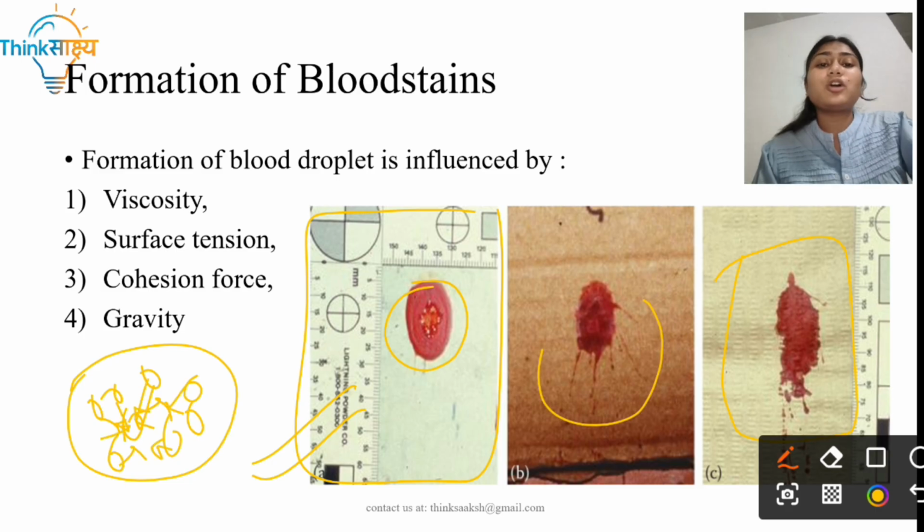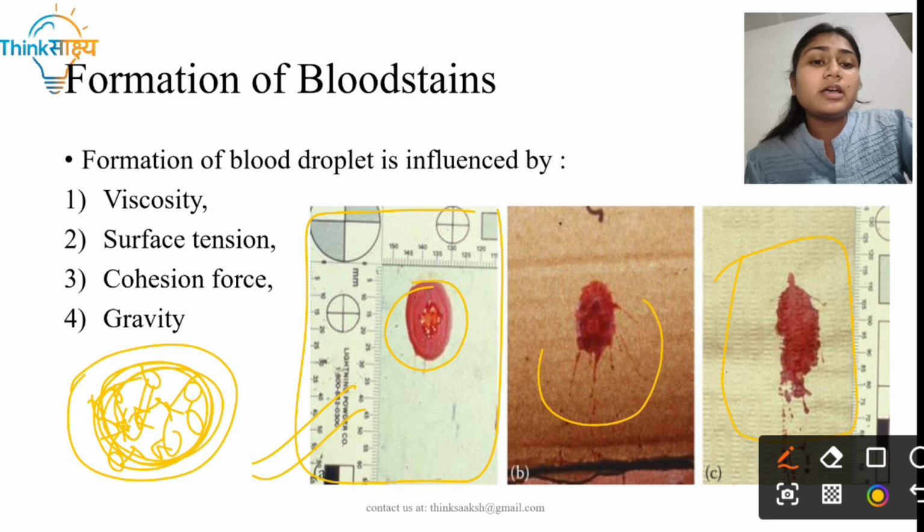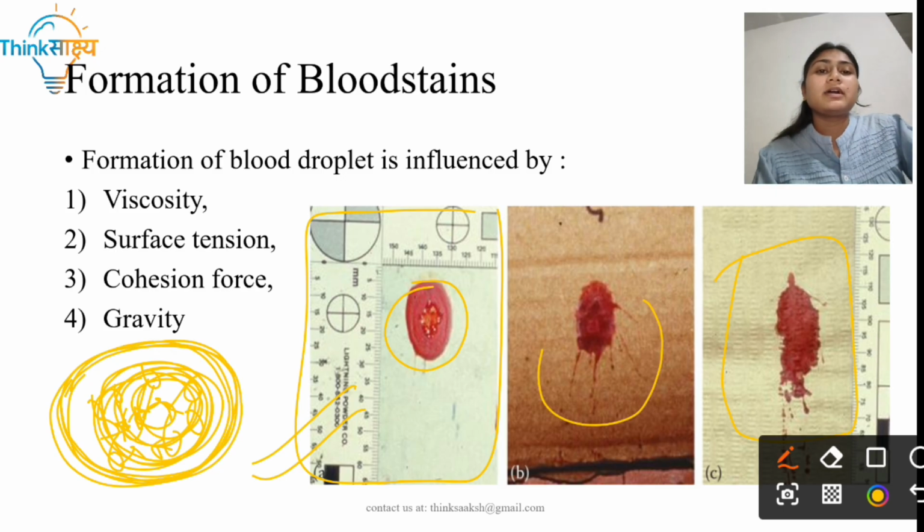This is the tendency of similar blood particles to attract towards each other and remain together in a spherical shape, and this creates a surface tension on the surface, which is a surface phenomenon. Thus this helps the blood droplet to be in a spherical shape.